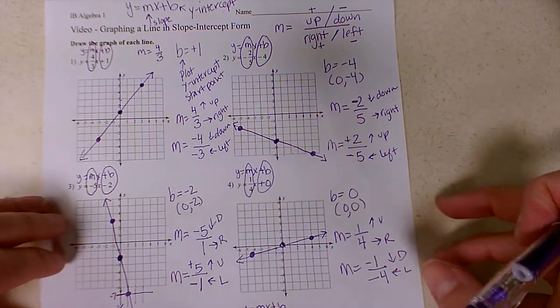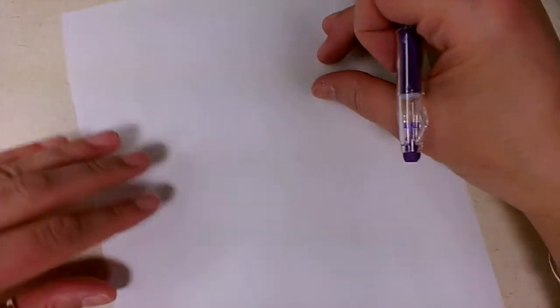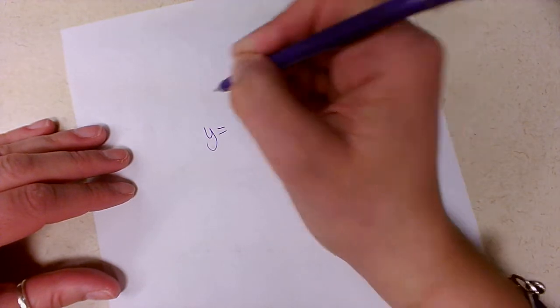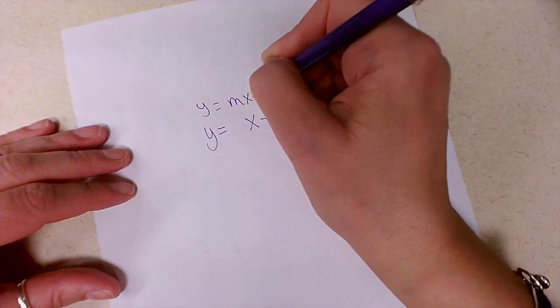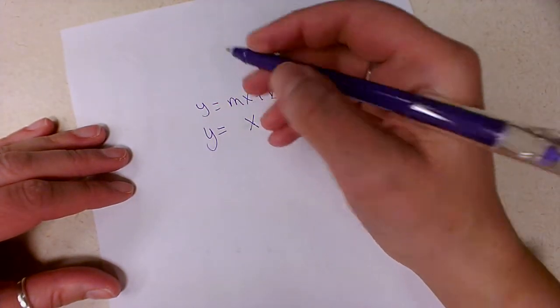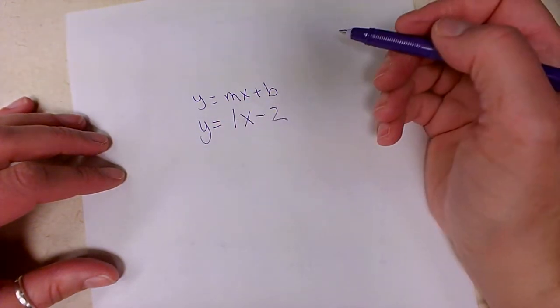Please also remember, and I'm just going to flip this over, so flip your paper over quick. If you have an equation that looks like this, y equals x minus 2, and you're looking to find the slope here, we do have an x, so your m is 1, because remember, sometimes those 1s like to hide.